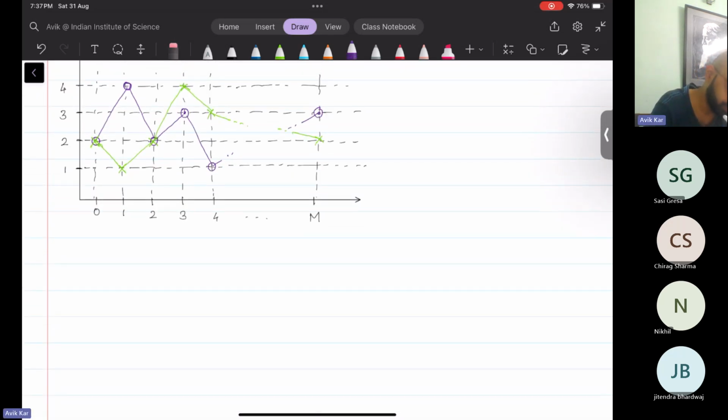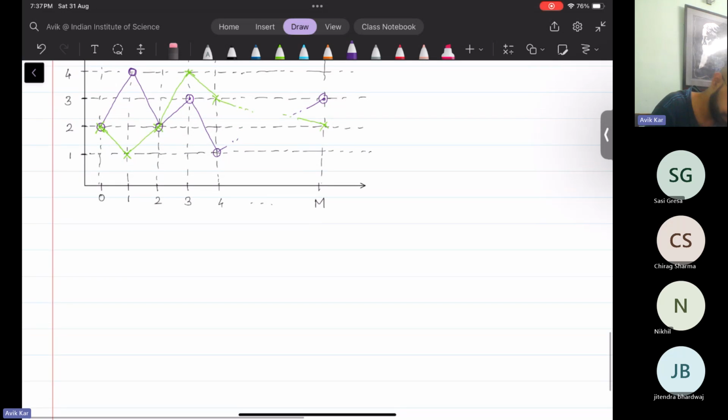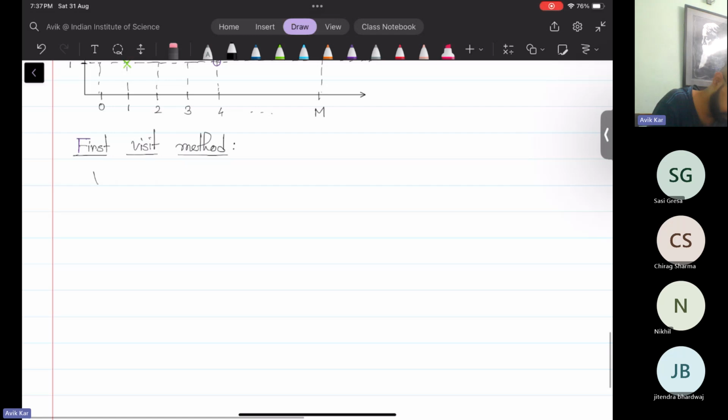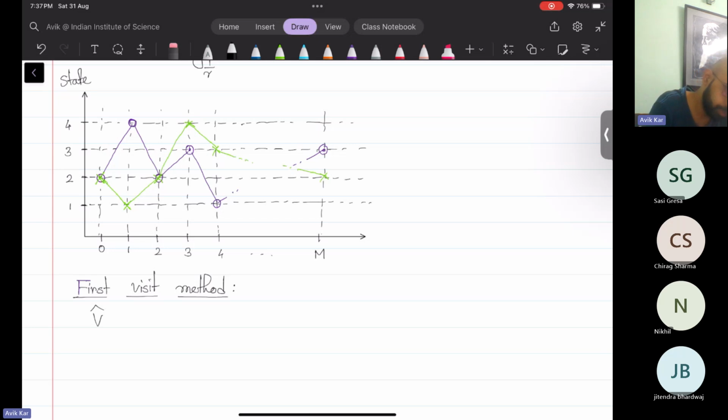There are two methods you were, I think, introduced to. The first one is the first visit method. Say you have n number of trajectories. I'm considering the violet one to be trajectory one and the green one trajectory two.